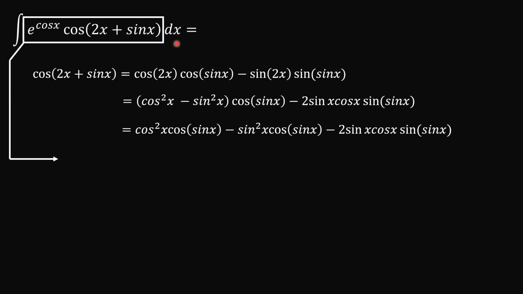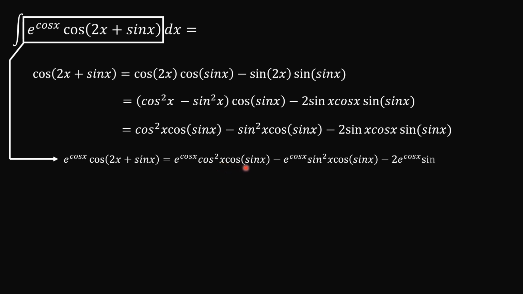Now looking at the entire integrand in its entirety, e to the power cosine x times cosine of 2x plus sine x is equal to e to the power cosine x times, again bringing down this equation, cosine squared x cosine of sine x, minus e cosine x sine squared x cosine of sine x, minus 2 cosine x sine x cosine x sine of sine x.